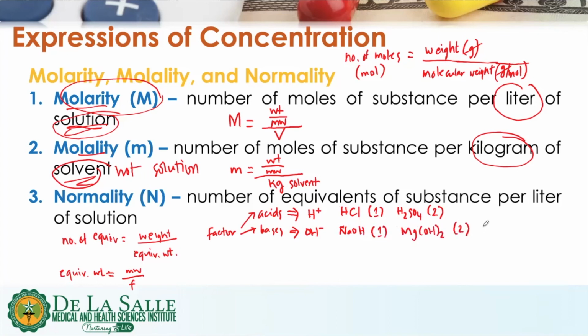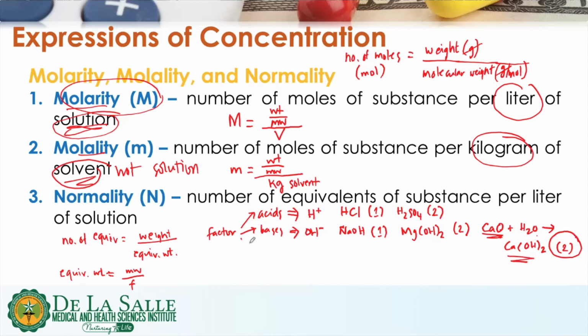Now, there are cases where the number of hydroxide ions is not obvious enough. For example, we have calcium oxide. Calcium oxide is actually a dehydrated form of calcium hydroxide, meaning to say, when you add water to it, calcium oxide will absorb water to form calcium hydroxide. And therefore, the factor for calcium oxide as well as for calcium hydroxide is equal to 2.